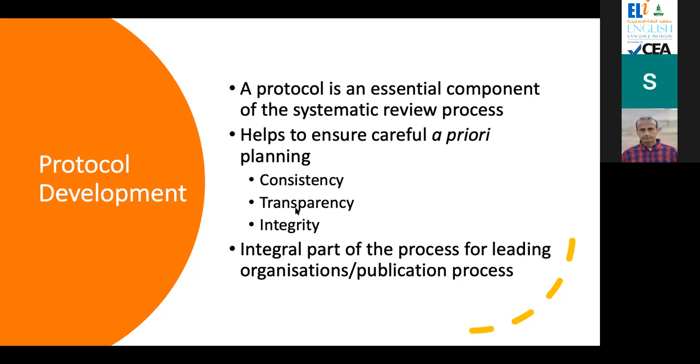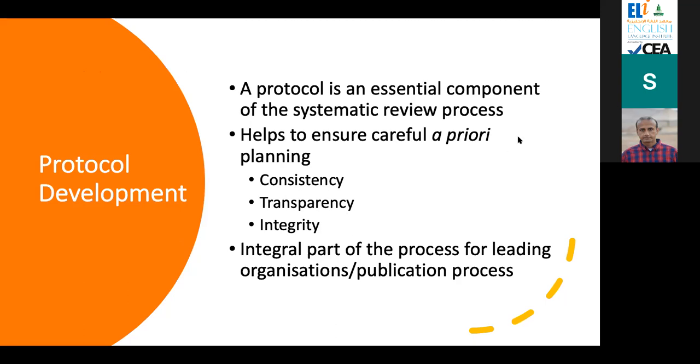Consistency, transparency, and integrity are very important values for this protocol, and we need to keep in mind that everything should be consistent. For example, if we are going to review a certain number of studies, the criteria that we set should be consistent and precise. Transparent, why?